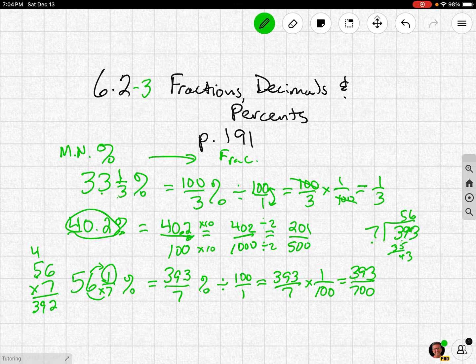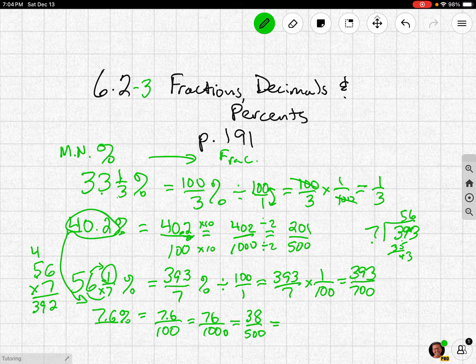All right, another one like this one down here. What if I have 7.6 percent? That's equal to 7.6 out of 100, which is equal to 76 out of 1,000, which can be simplified by cutting it in half. Half of 76 is 38, so that'd be 38 out of 500.